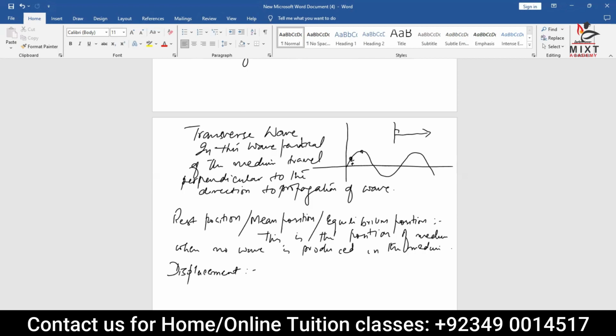If I'm talking about this particle, then its distance from the mean position is its displacement. So you can say it is the vertical distance of the particle of the medium from the rest position or mean position.